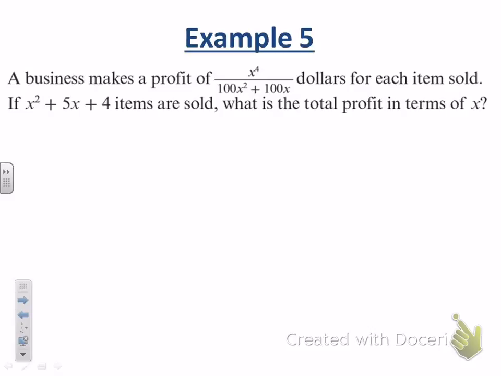Take 100x out of the bottom, and you'd have 100x times x plus 1. The x plus 1s will cancel. The x on the bottom and the x cubed will cancel. I think you're left with x cubed over 100. No, x cubed times x plus 4 over 100, something like that.